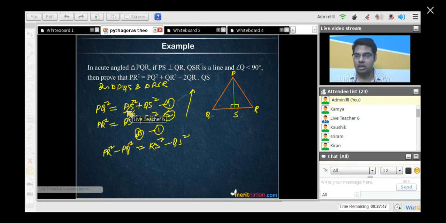That is why. But here if it would have been minus PS square, then we would have added both the equations to get the terms reduced. All of you are getting this? Now friends, please from this one try to find it out.